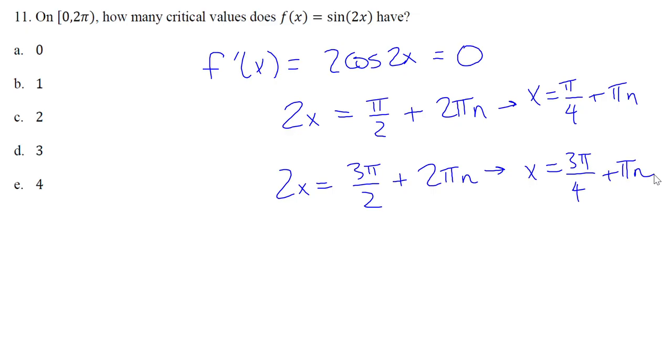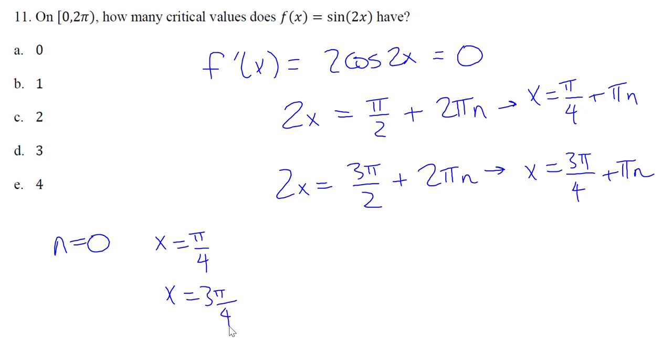So all we have to do is put in values for n, right? n equals 0, n equals 1, n equals 2, 3, 4, just integer values until we no longer are getting things on our interval from 0 to 2 pi. So if n is 0, we get x is equal to pi over 4 plus 0, as well as x is equal to 3 pi over 4 plus 0.